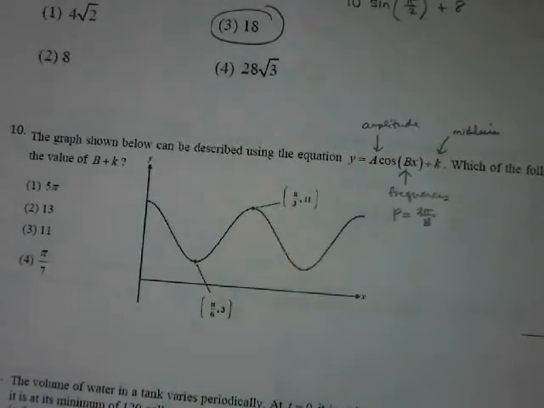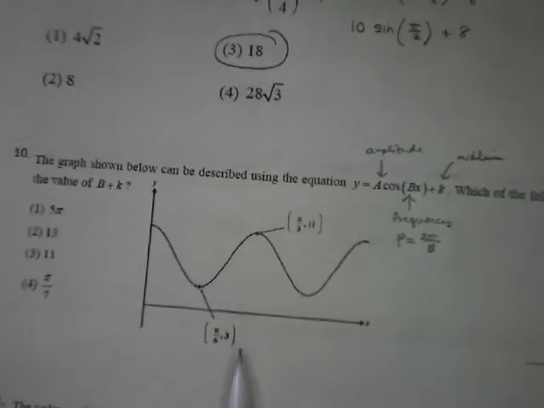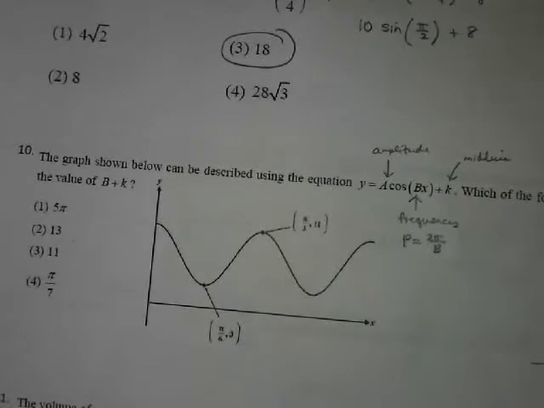Okay. So in this case, just given the points that we have, what do we know? Let's start with the amplitude. What's the amplitude here? Luke, did you get the amplitude? Would you say 4?